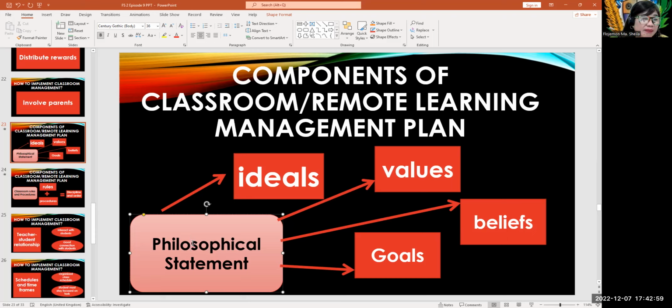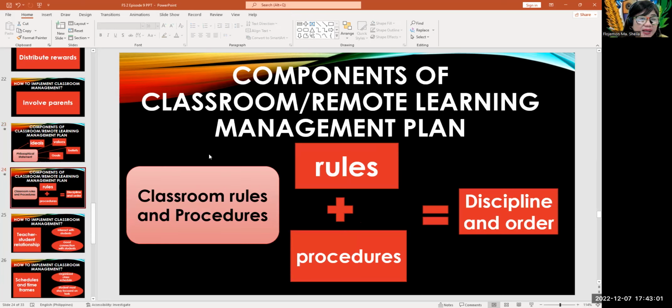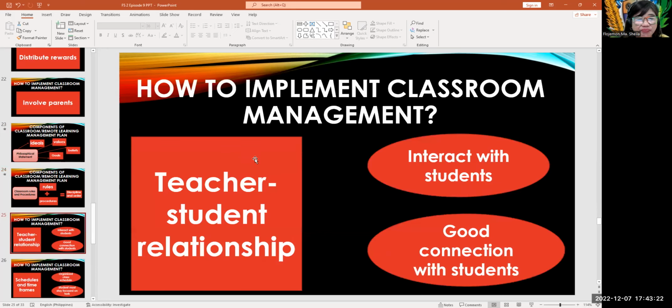Next, you have to have classroom rules or procedures, meaning think of rules you want to set. You have to formulate your rules and your procedures so that you can ensure discipline and order inside the classroom.